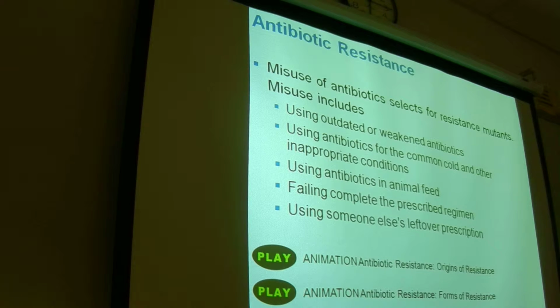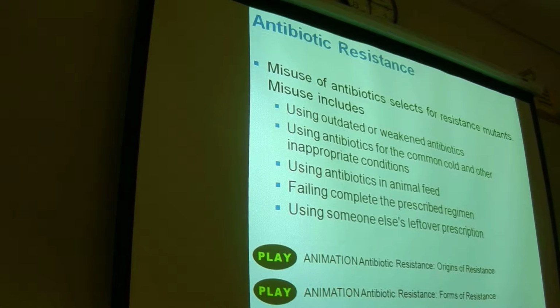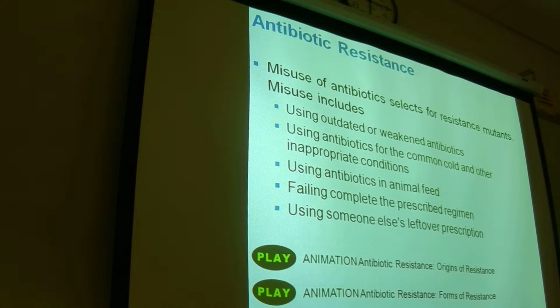So I've heard people before, maybe even people in my family, who I had to scold about doing this, but they had antibiotics from an infection they had 3 years ago, and they took it out of the cabinet and said, oh, I'm not feeling well again, I'm just going to take the rest of these antibiotics. Okay, again, what that does is that basically kills off the weak bacteria and lets the strong ones survive, and then those strong ones repopulate, and now you have a stronger infection.